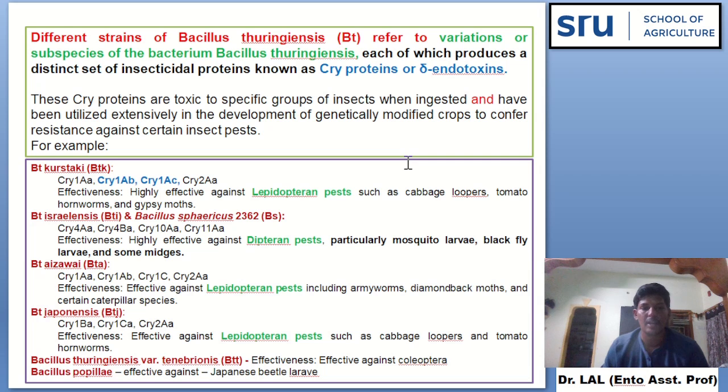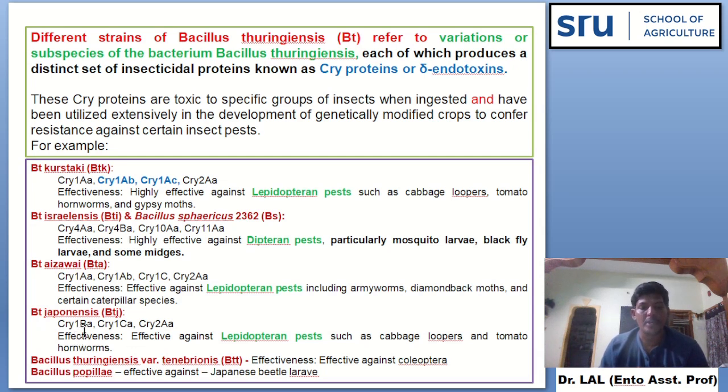For example, strain Bt kurstaki is effective against Lepidopteran pests. Bt israelensis and Bt sphaericus are effective against Dipteran pests. Bt aizawai is effective against Lepidopteran pests.